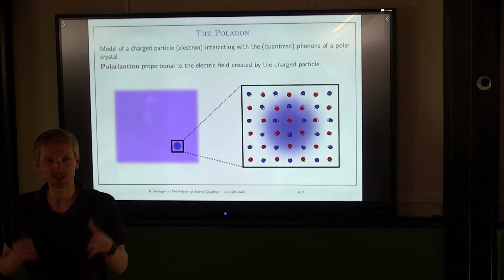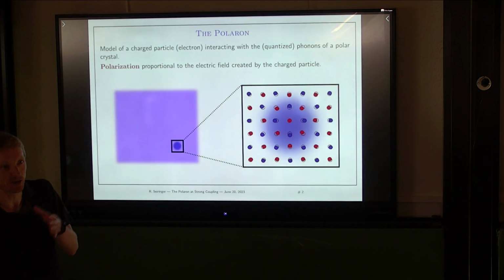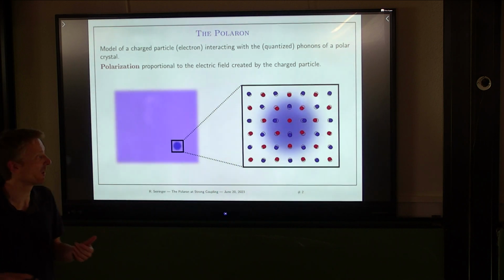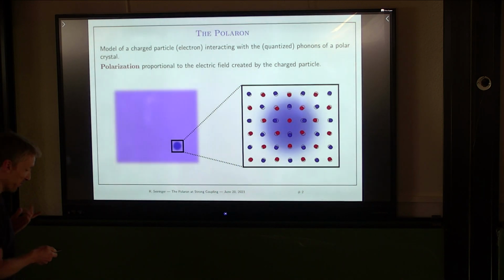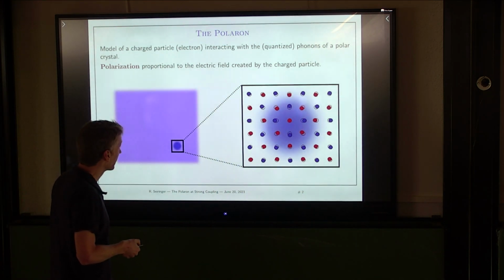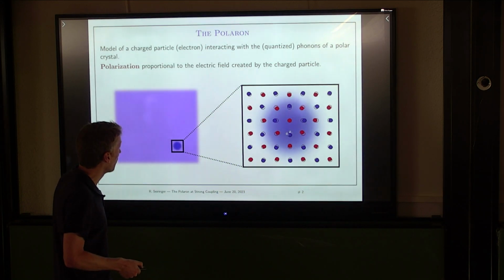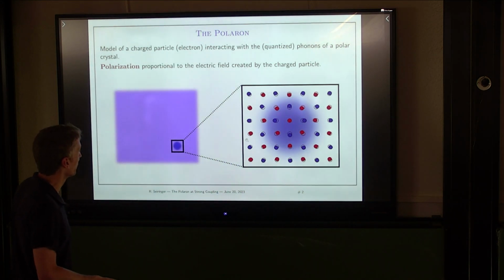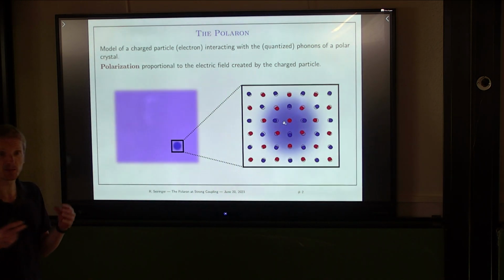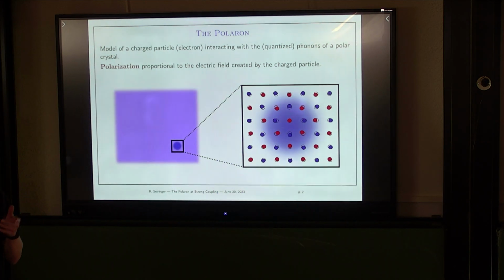So it's a combined system of an electron and a field, which is really the polarization field of this material. And microscopically you can think that the material is composed of different kinds of atoms. Maybe these are neutral atoms, but in the presence of the electric charge, the atoms can get polarized, right? They become little dipoles. Little dipoles themselves create an electric field which acts back on the electron.